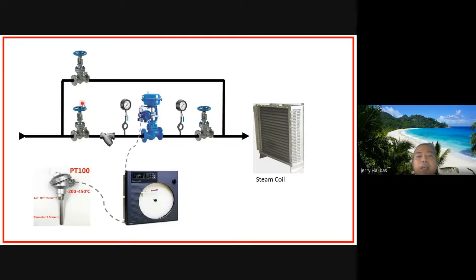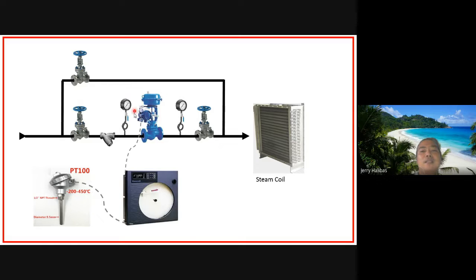Okay, so those are manual valves, could be a gate valve or a globe valve. Then there is a filter, in case there is dirt. Why is there a manual line above? Because sometimes the automatic valve breaks. In case it breaks, you go back to manual.